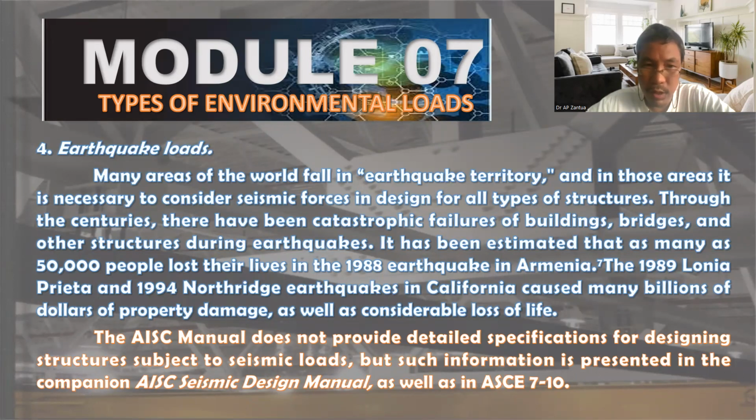Through the centuries, there have been catastrophic failures of buildings, bridges, and other structures during earthquakes. It has been estimated that as many as 50,000 people lost their lives in the 1988 earthquake in Armenia. That is a disaster.